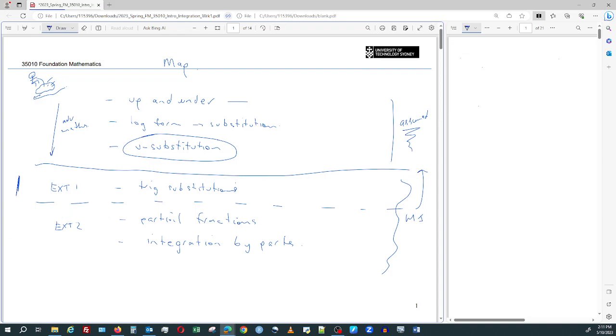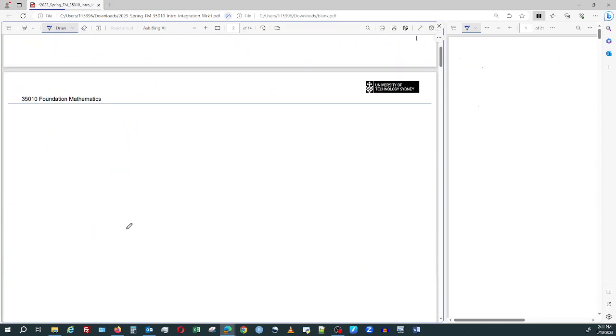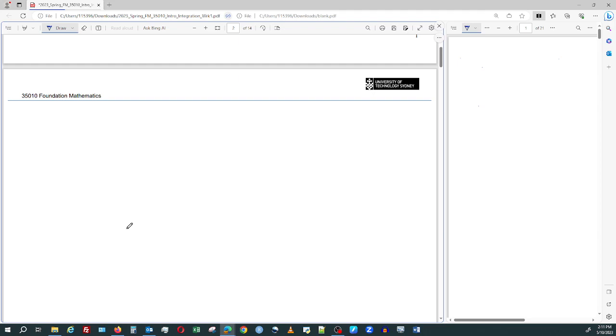There's not that much we've got to do in foundation maths. In terms of integration per se, integration itself is meta. So this is like the meta knowledge about integration at university. It's studied on a number of different levels.